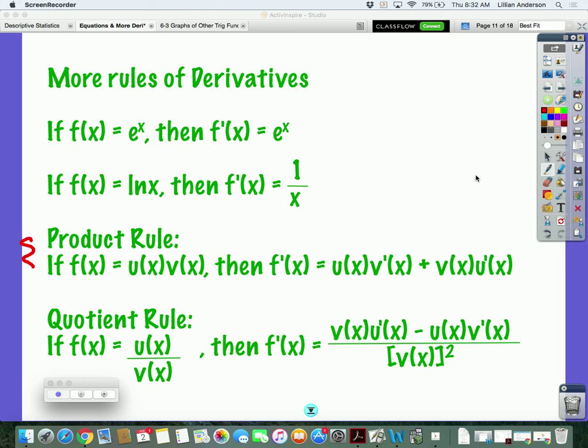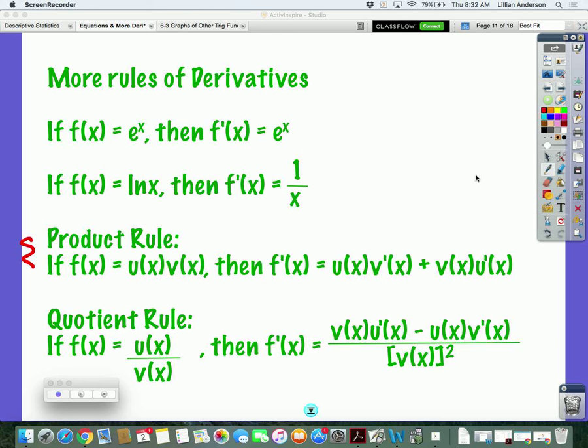Now the next two, product rule and quotient rule. Product rule is used if you recognize that you are basically multiplying two functions together. That could be x minus 2 and then 3x squared plus 12x plus 16 or something like that.